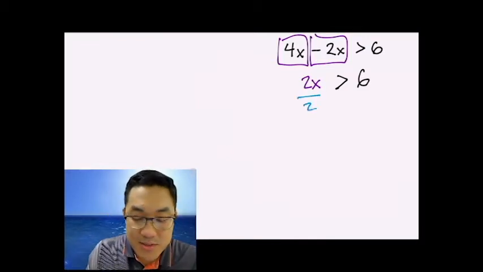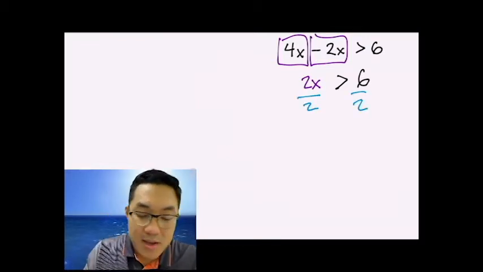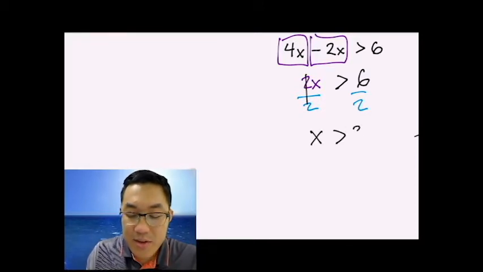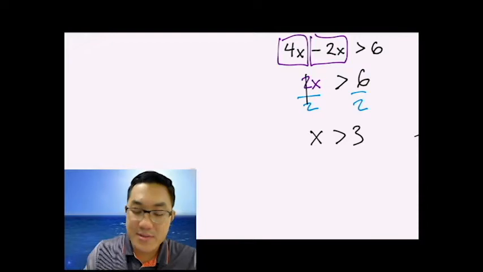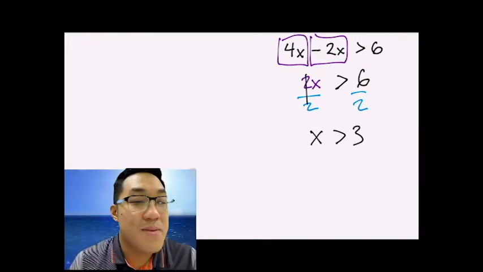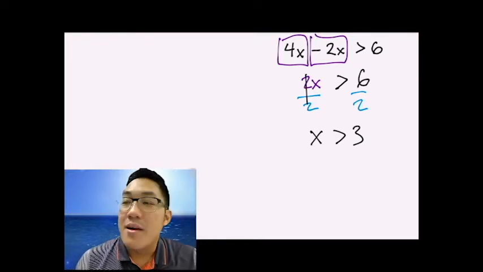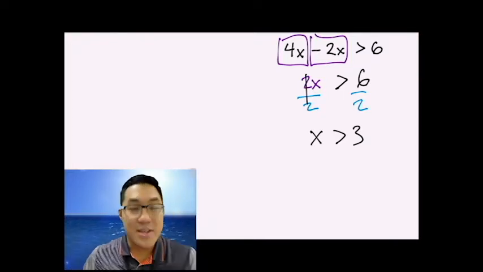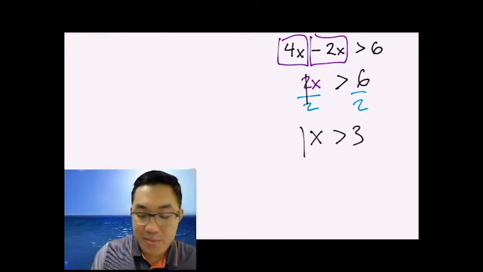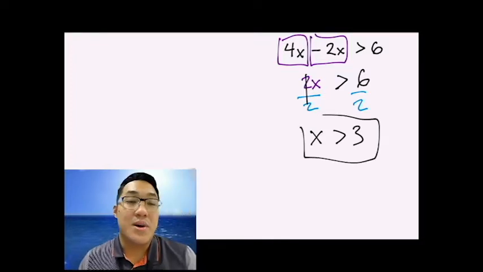Let's divide by 2 on both sides. It gives us x is greater than 3. I didn't have to divide by a negative, so I didn't have to flip the sign. I didn't have to flip the sign because it was a positive that I divided by, not a negative. So that'll be our answer.